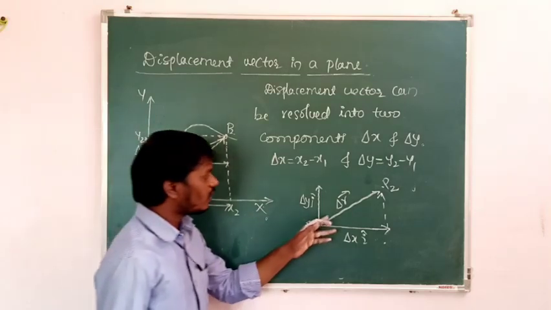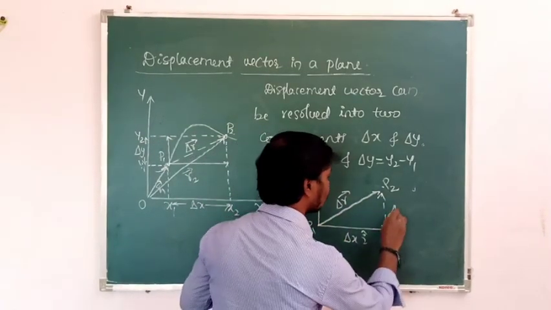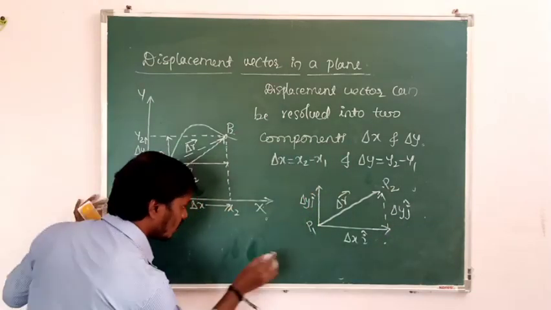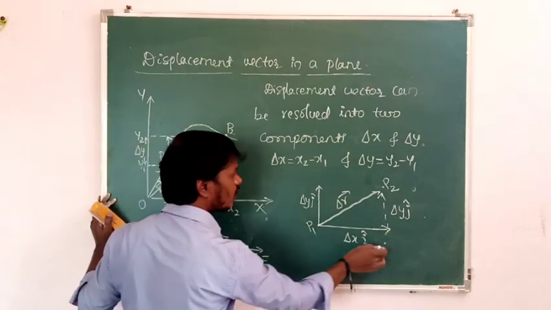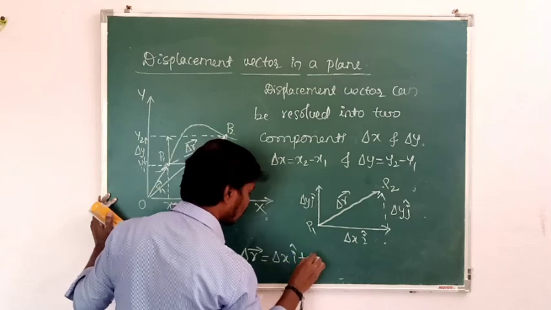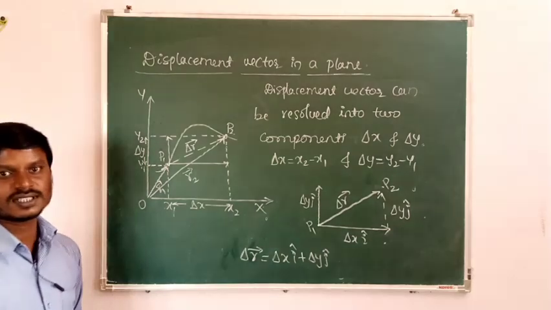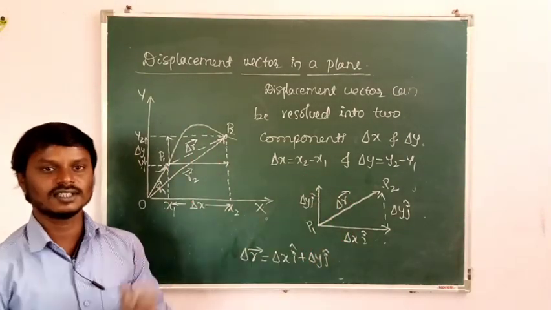Then delta r is equal to the sum of vectors taken in the same order, delta x i plus delta y j. Again, by using the Pythagoras theorem, to find the magnitude of the displacement vector, which formula will you use?